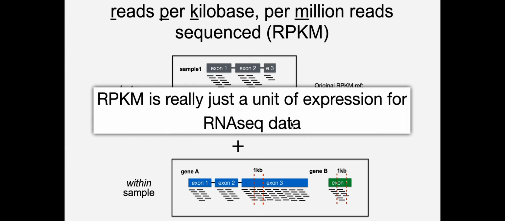We can quibble about whether it's a normalization method. I don't think of it as a normalization method per se, but it is just a way to take those original counts and adjust for the length of the feature and the depth of sequencing of the sample.